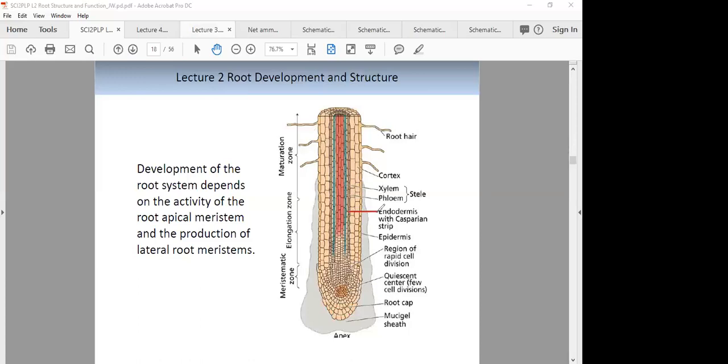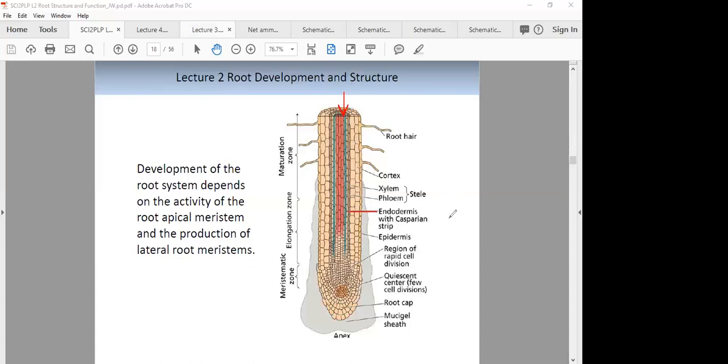Yes, it does separate the cortex cells from the pericycle layer. It certainly does that. Separates transport cells. Yeah, it does separate the cortex from the green layer of cells that you can see to the inside of that endodermis.